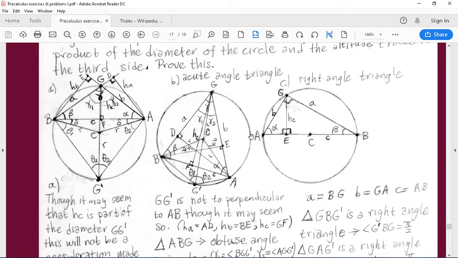We also knew that alpha plus beta plus gamma, that is the 3 angles of the triangle, the acute angle triangle BGA or GBA or AGB, that is the sum of the 3, alpha plus beta plus gamma was equal to pi.